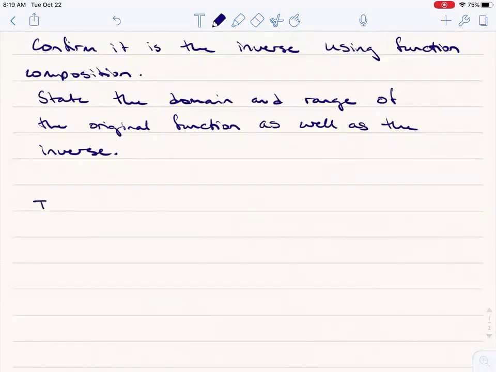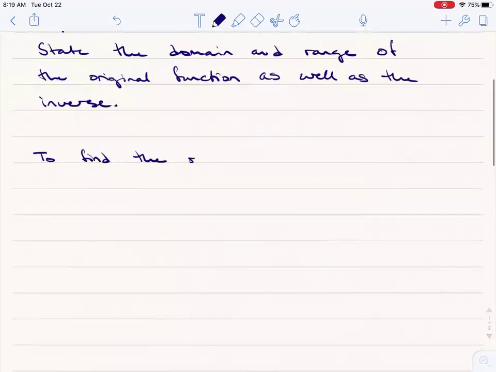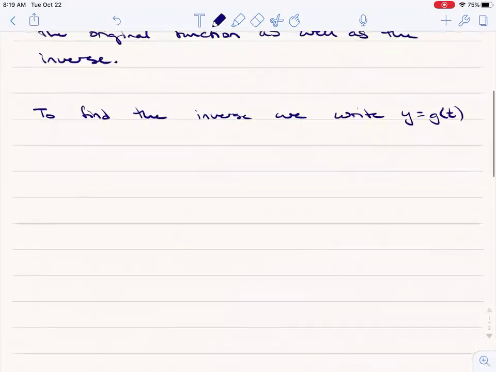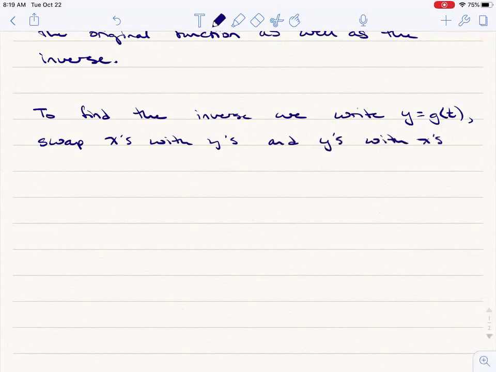So to find the inverse, this is kind of review, I guess, we write y equals g of t. Swap x's with y's, and of course y's with x's, and then solve for y.